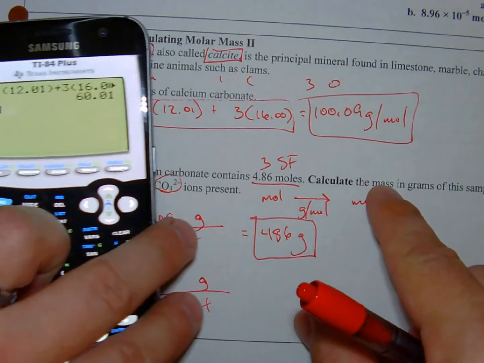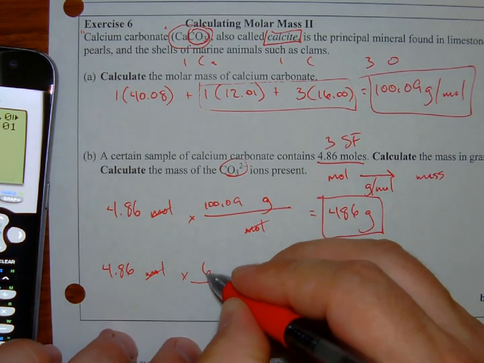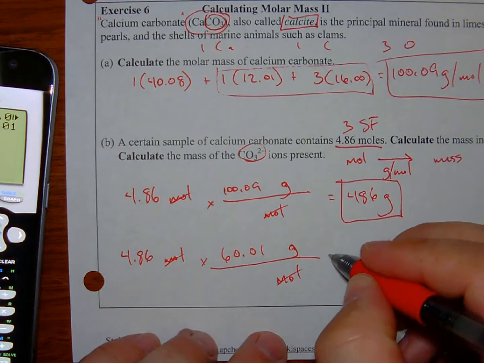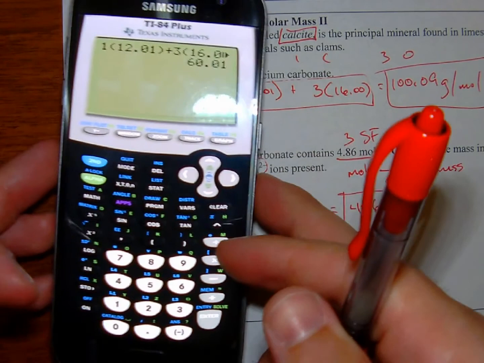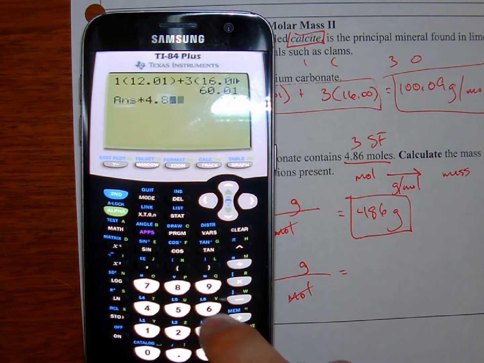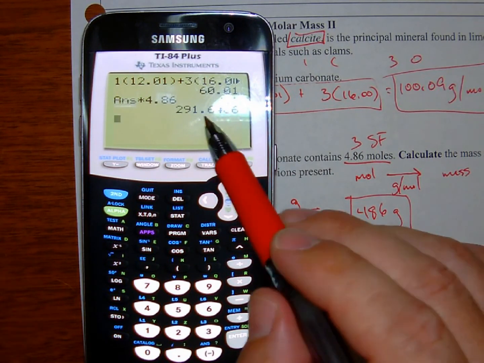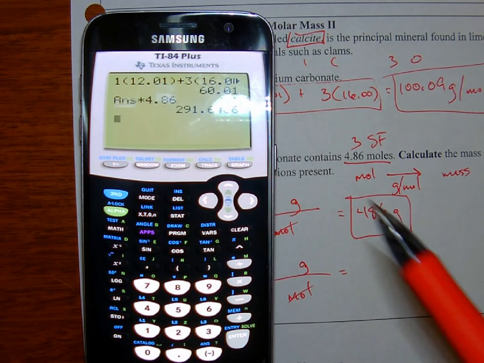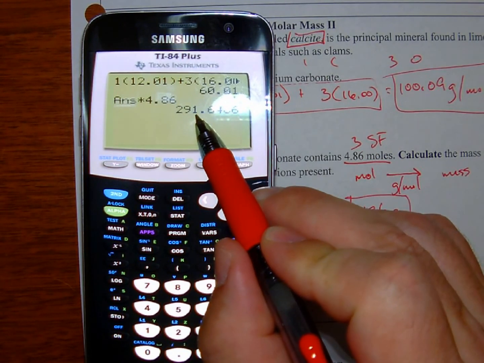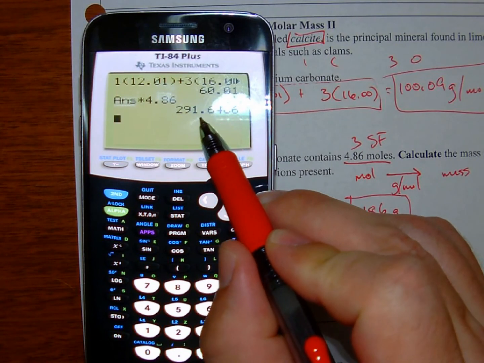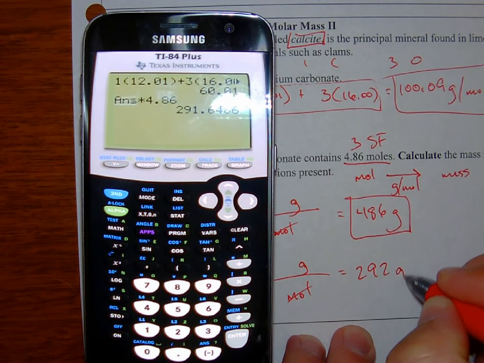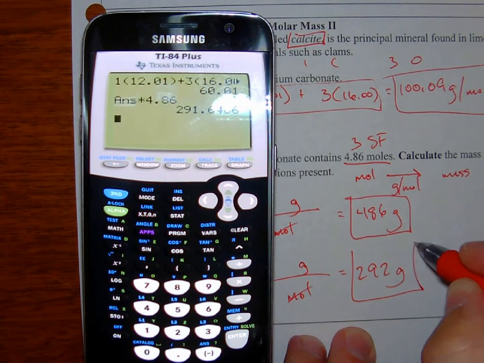So our molar mass is 60.01. Right? Let's calculate that. So 60.01 is already in my calculator, so I'll multiply that by the 4.86. And I come up with 291.6486, bunch of calculator vomit. I still only want 3 significant figures, so I'll keep it to that 1. That 6 tells me to round it up, so I'll report 292 grams of carbonate.